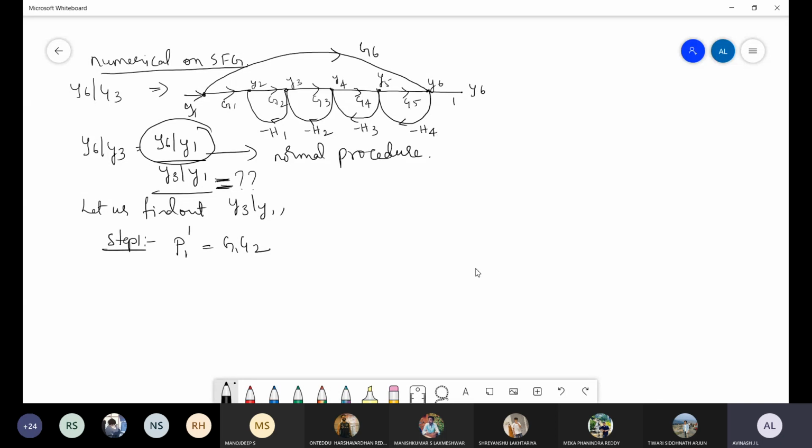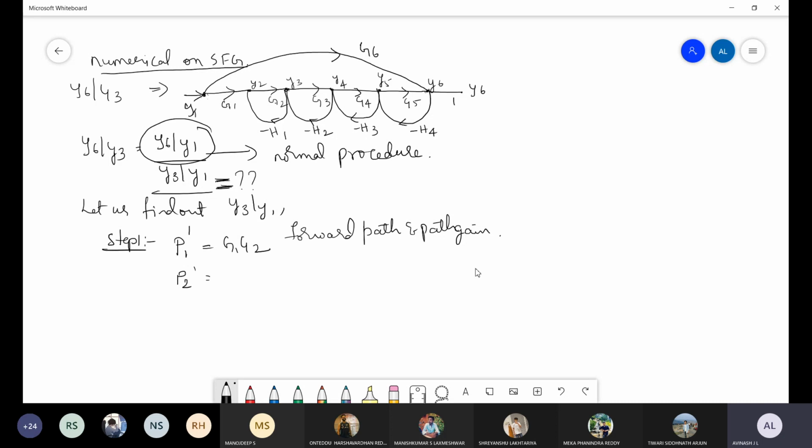Okay. So in step 1, we find the forward path and path gain. Forward path means we need to go from Y1 to Y3. So obviously we go through G1, G2. Another path, P2, is also there. I will go to G6 straight away, and from that I will come back.